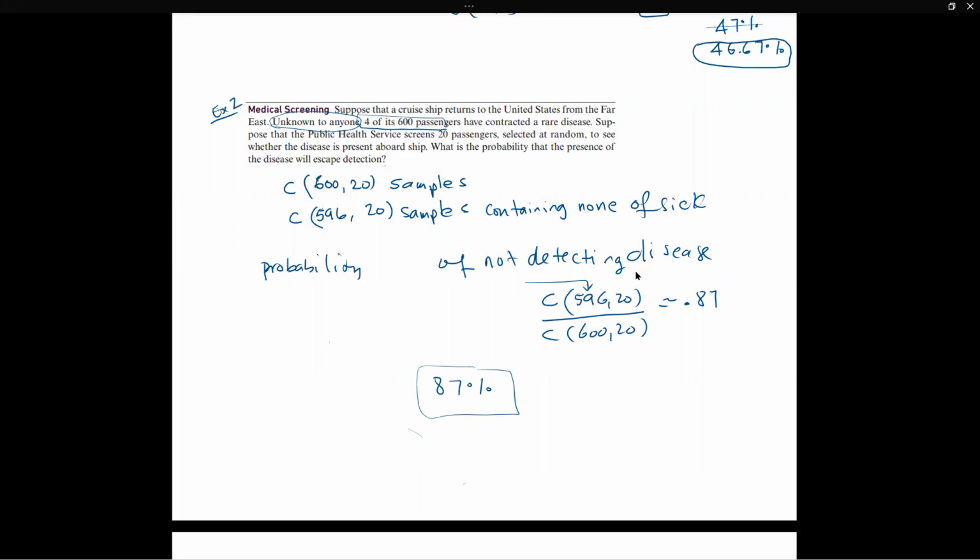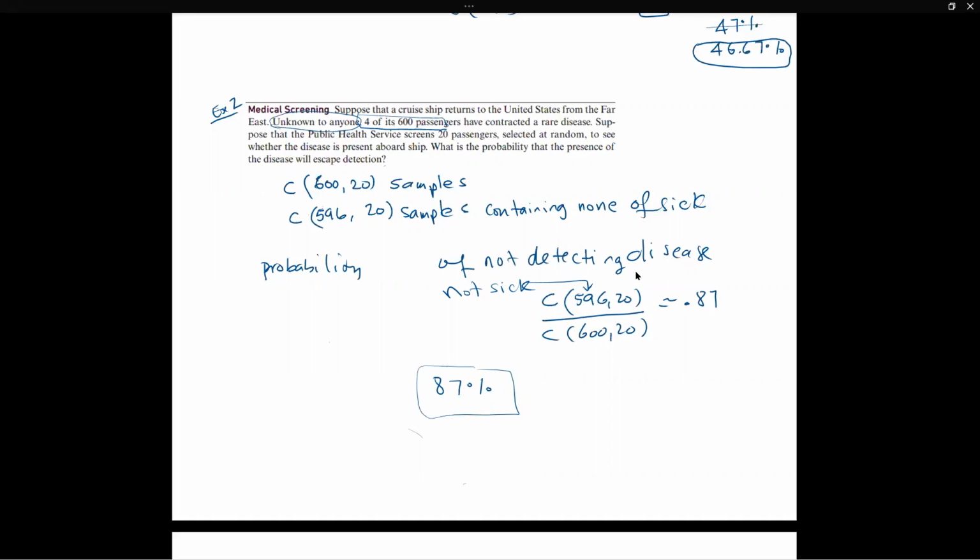If 4 out of 600 are sick, that means the ones that are not sick are 596. So if you take 20 out of this 596, that's the combination there, right?